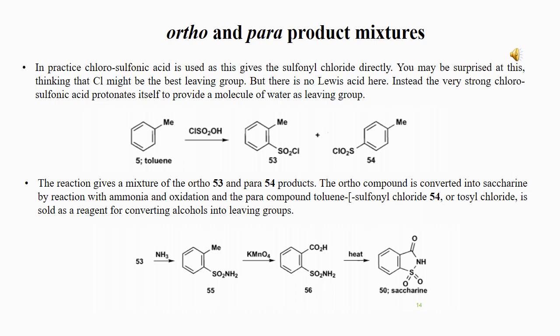Now the thing I have mentioned here is that chloro is a good leaving group, but in the case where there is no Lewis acid, it will not leave like that. So chlorosulfonic acid protonates itself to provide a molecule of water as a leaving group.